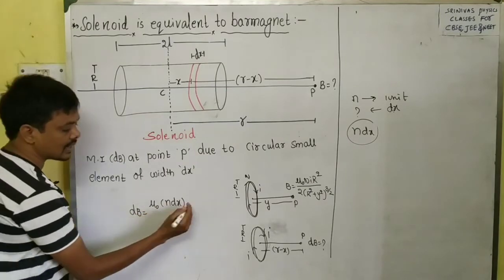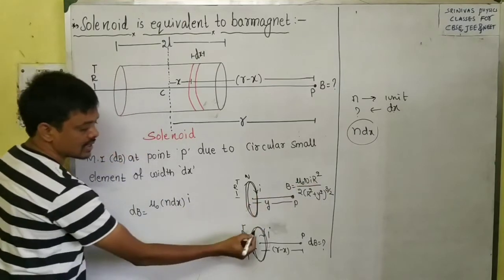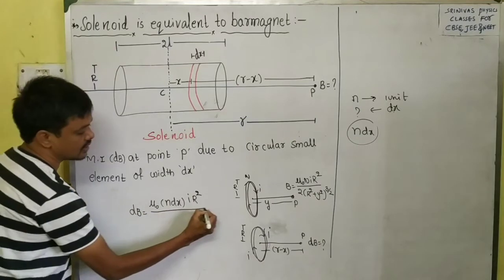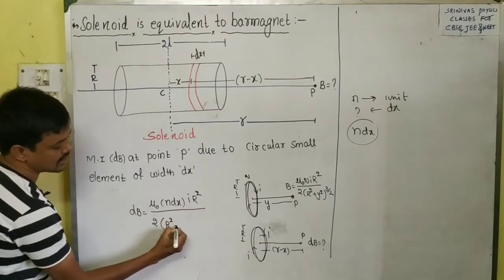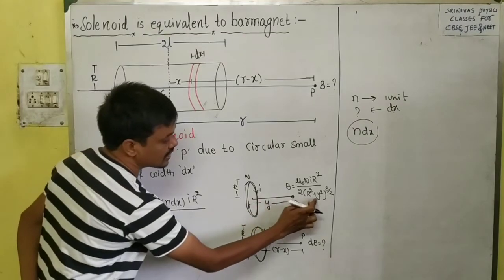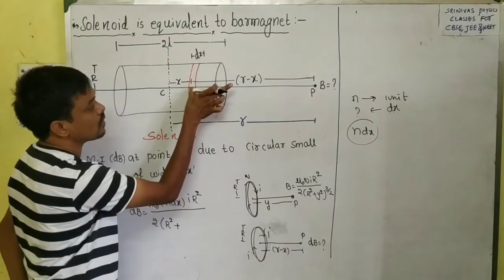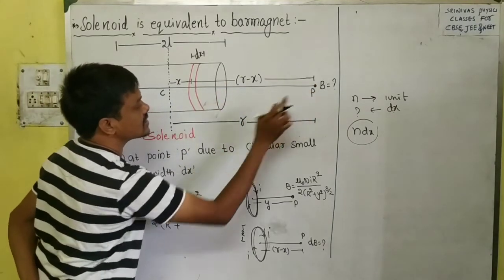Mu naught n dx I into r square, radius is again r, by 2 of r square plus y square, but instead of y here r minus x is there. From the center of the small element to the point where we are finding the magnetic induction, its distance is r minus x.